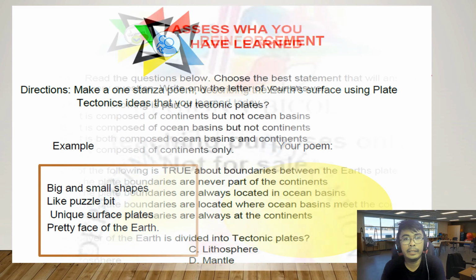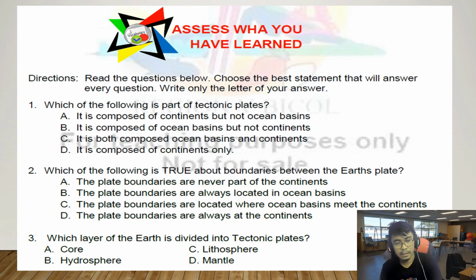And then lastly, you need to answer this, assess what you have learned. There are 5 items here, and in each item you have 4 options. Just try this on your paper. Number 1, which of the following is part of tectonic plates?